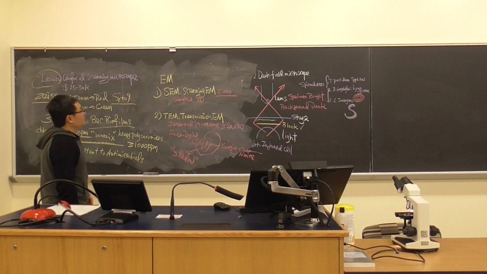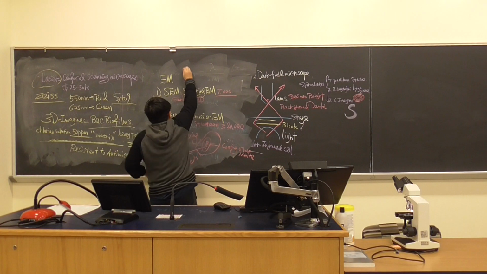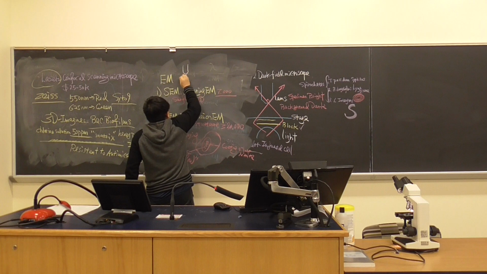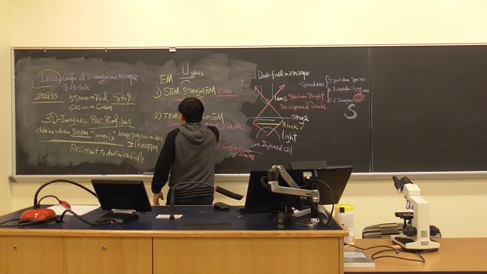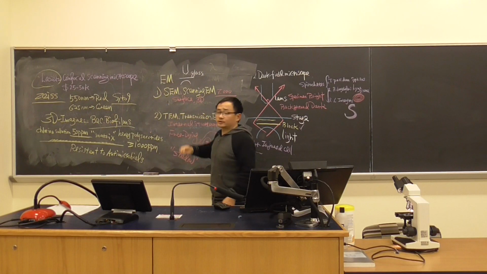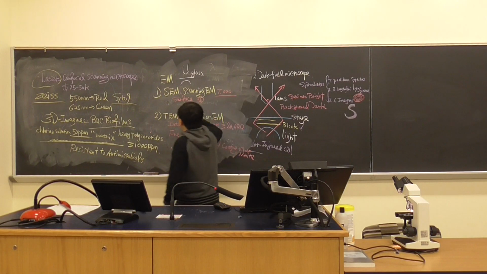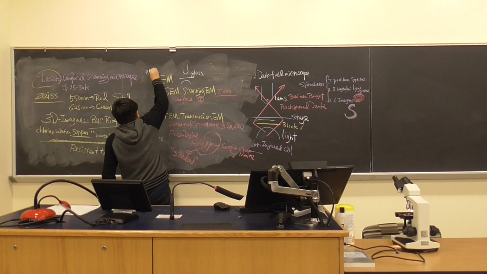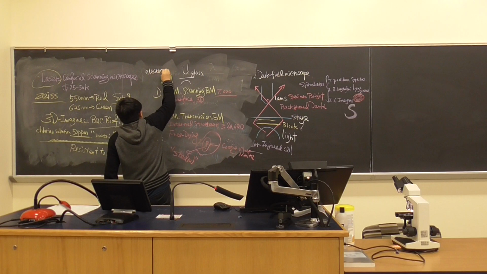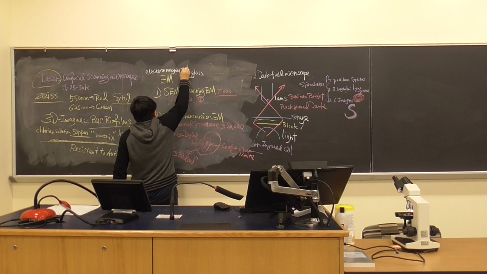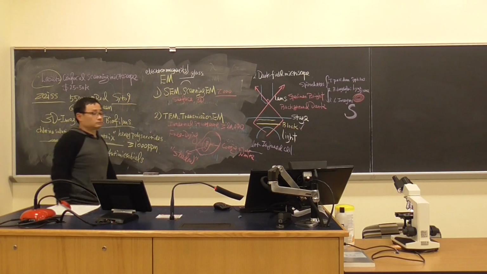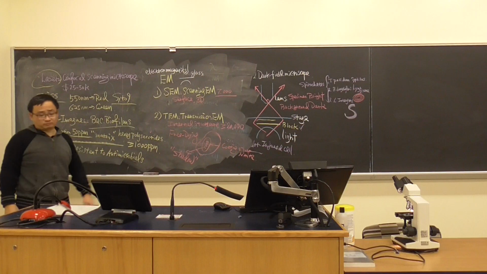So light field microscope, you see these things, basically is glass. How about the electron microscope? It is electron magnetics. That is a major thing.